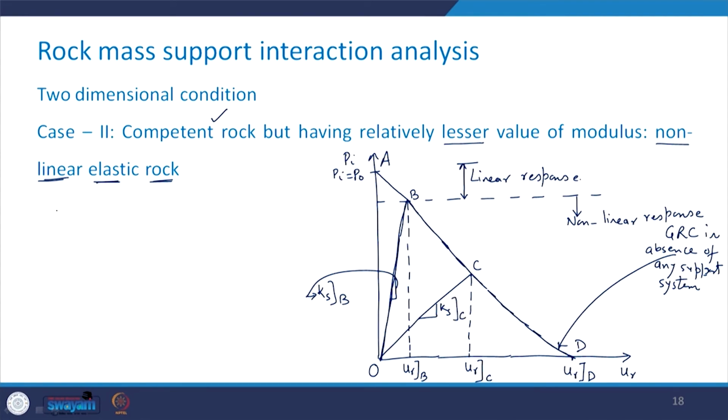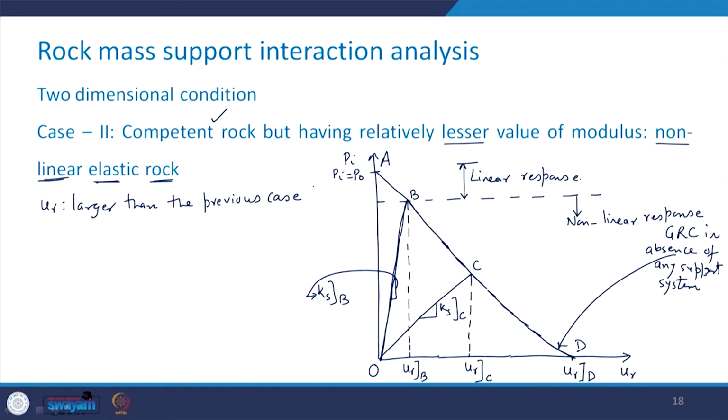In this case, UR is larger than the previous case, because in the previous case it was the competent rock but having a better value of the modulus.